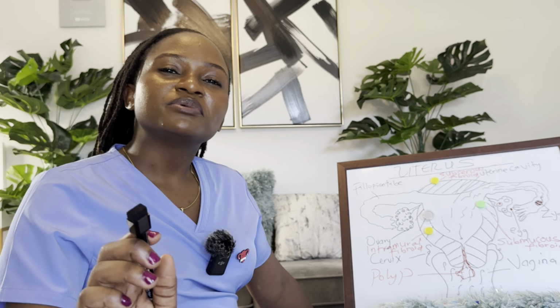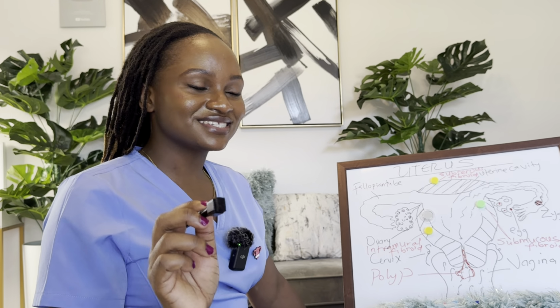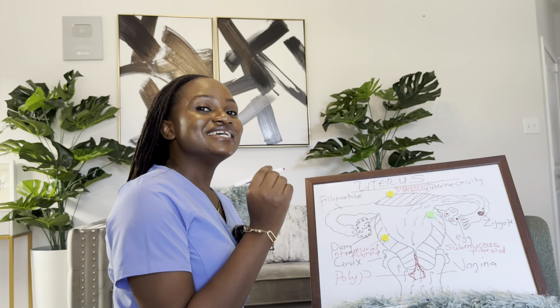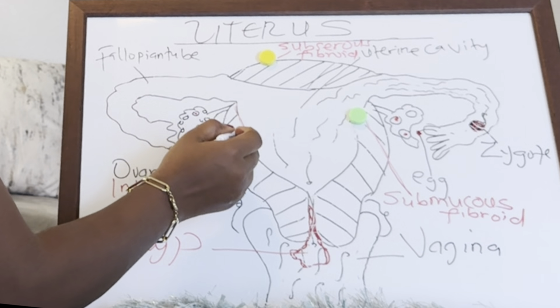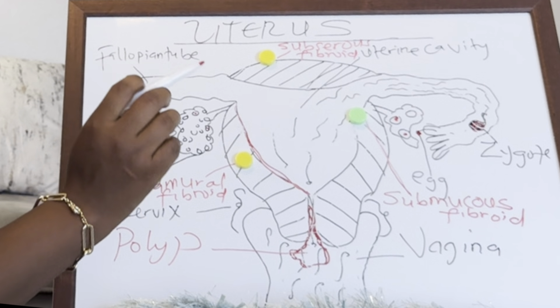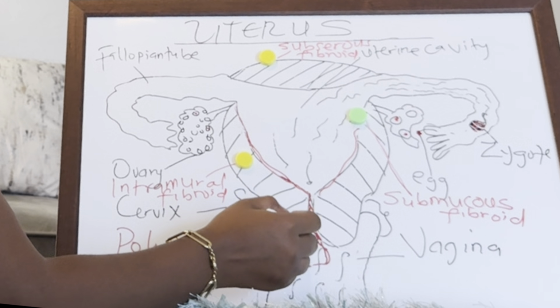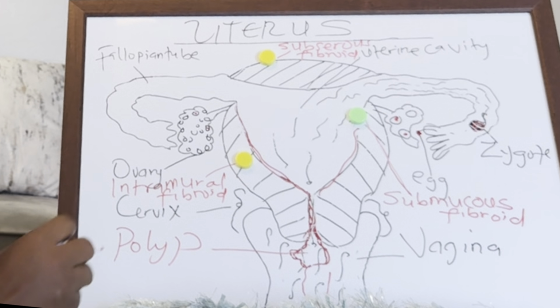The last problem I'm going to talk about today that could be the reason you are not getting pregnant is what we call endometriosis. During menstruation, the inner lining of your uterus here, a third of it sheds, and when it sheds, it comes out as period blood.